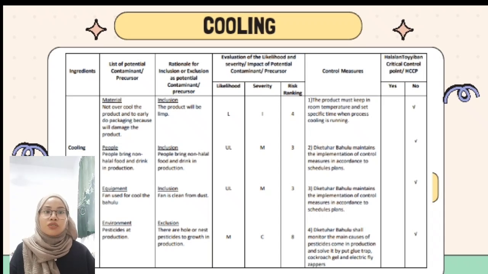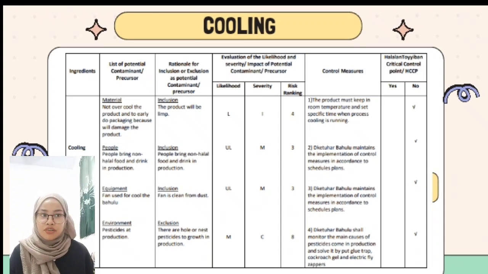Okay, for cooling, they have 4: material, people, equipment, and environment. Material, do not overcool the product and do not package too early because it will damage the product. Inclusion, the product will be limp. Likelihood, likely, severity, likely.